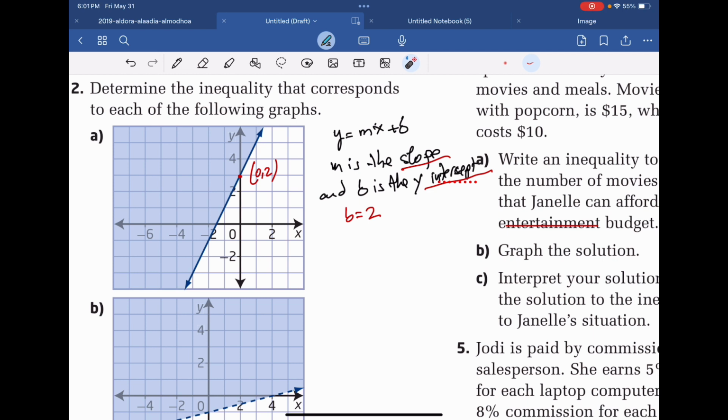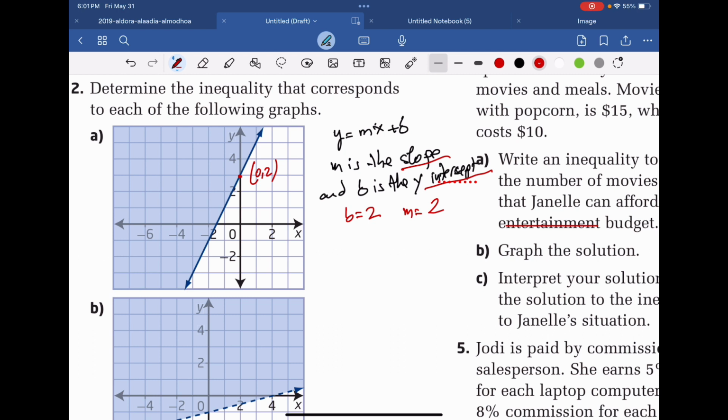So for example, if we take this triangle, the rise is 1, 2, 3, 4, over the run, which is 1, 2. So rise over run, that means my m is 2.